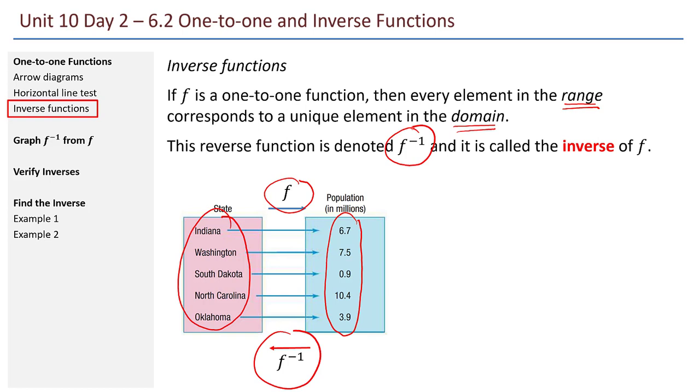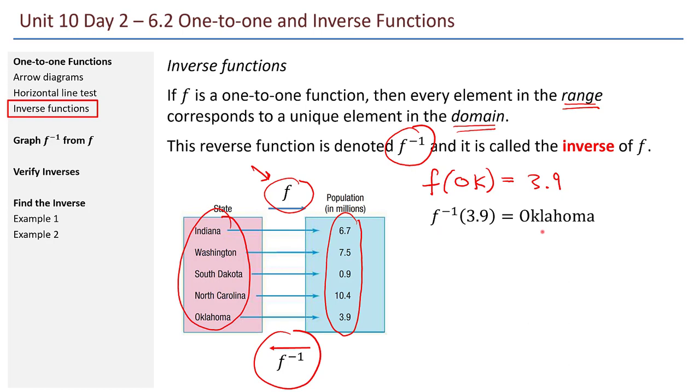So for example, the f function, the normal function, might tell me that f of Oklahoma equals 3.9. But the f inverse function tells me that f inverse of 3.9 is Oklahoma.